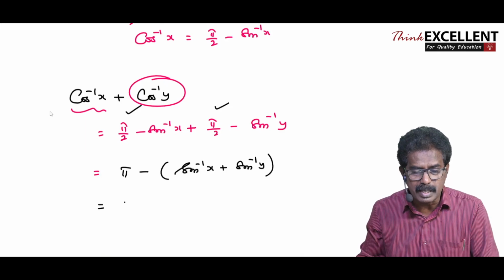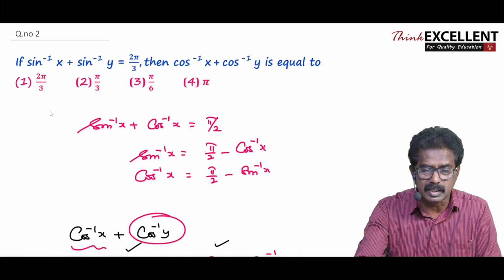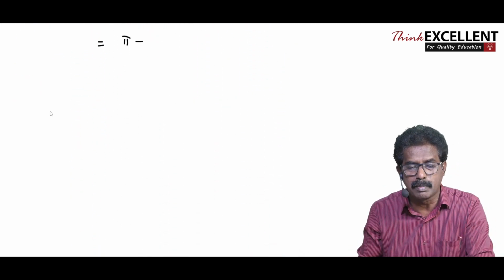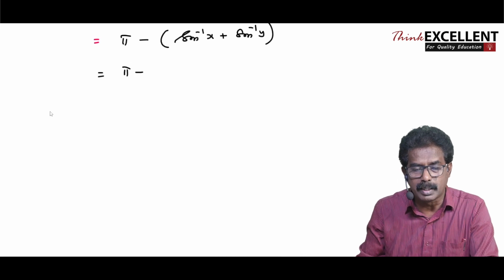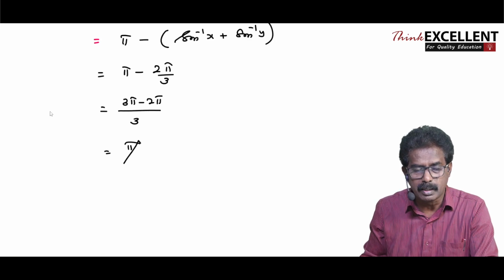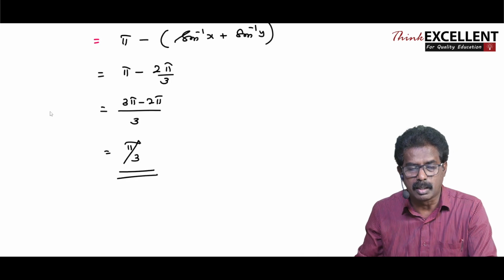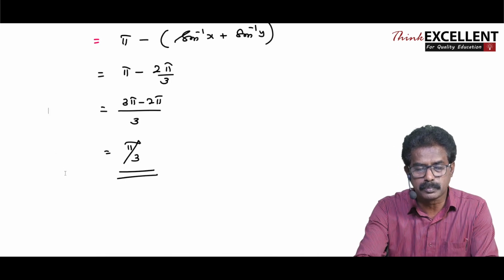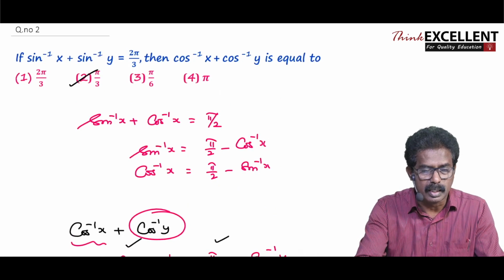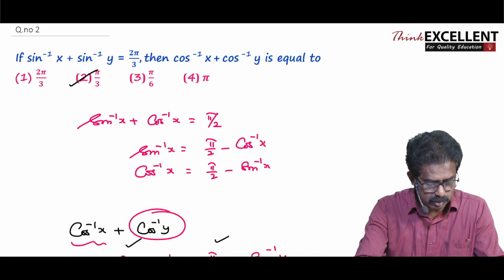That is pi minus, and in the question they said sine inverse x plus sine inverse y is 2 pi by 3. So pi minus 2 pi by 3. Take 3 as LCM: 3 pi minus 2 pi. So the answer is pi by 3. That is option number 2, right? Okay, now let's move on to the third question.